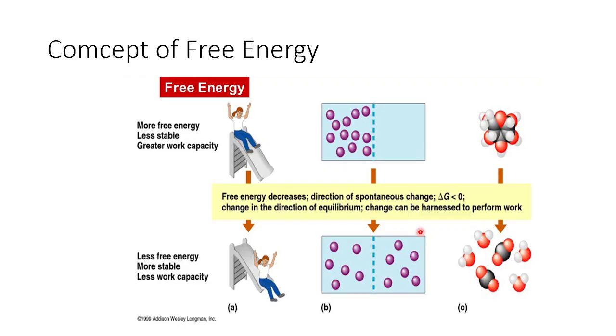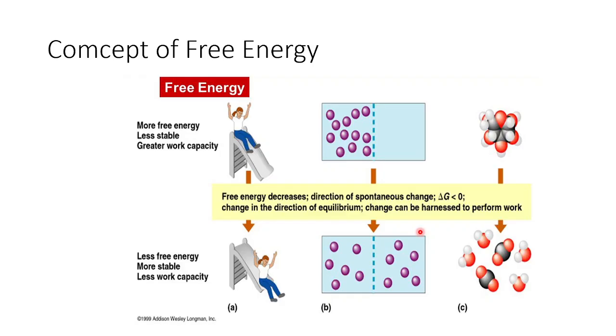Now, the concept of free energy is mostly understood by the concept of the Gibbs free energy. More free energy means less stable, greater work capacity. And when there is more free energy, less stable, greater work capacity, it means that the reaction will not take place.